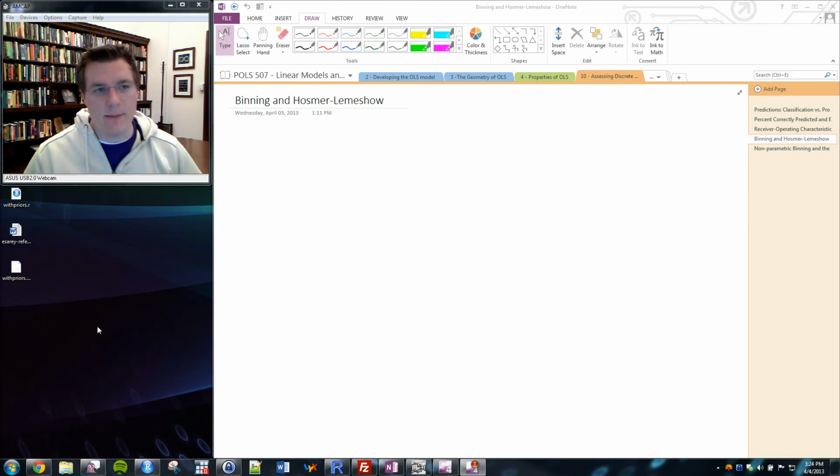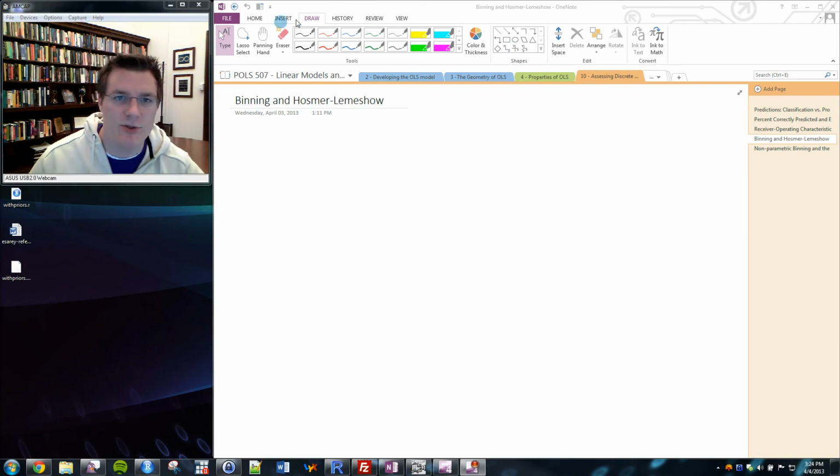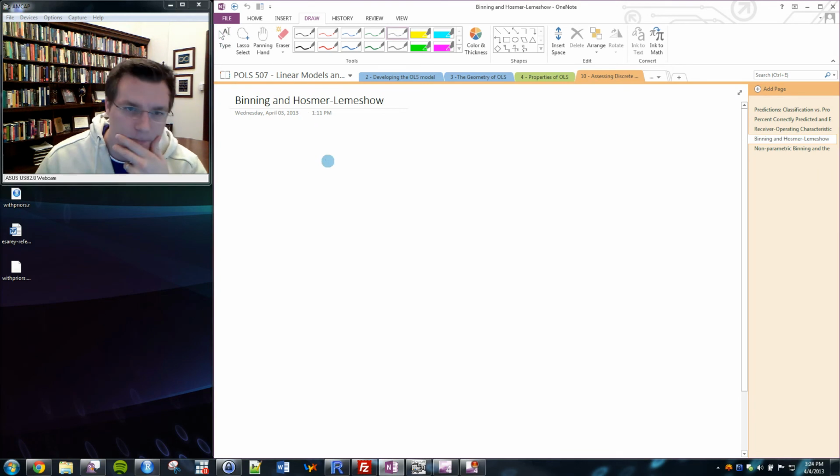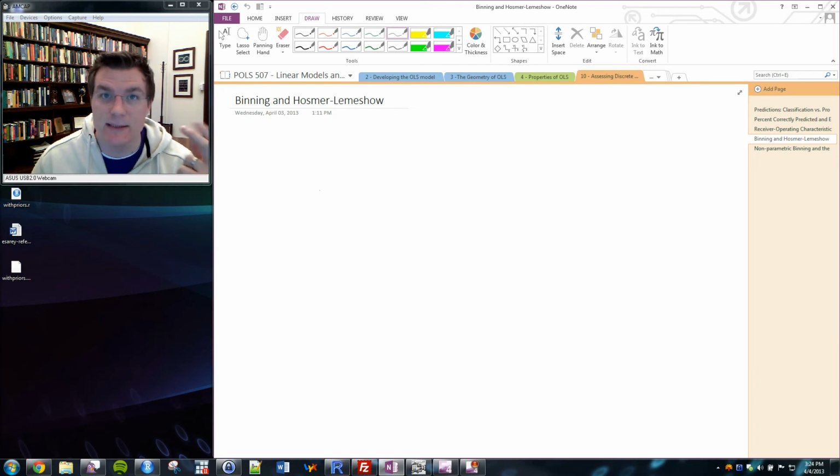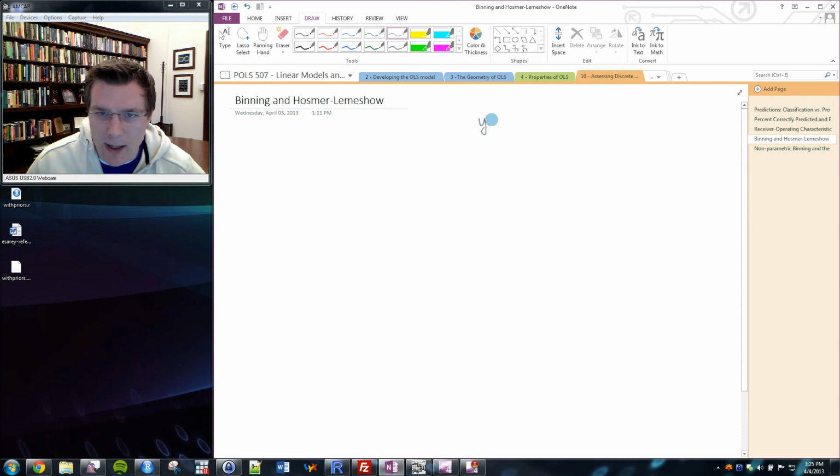So we're going to begin talking about the probability approach to discrete choice model assessment, or discrete dependent variable model assessment, by talking about the simple process of binning your data according to the predictions that the model makes about that data. So imagine that I've got a dependent variable that's binary, and I've got a data set.